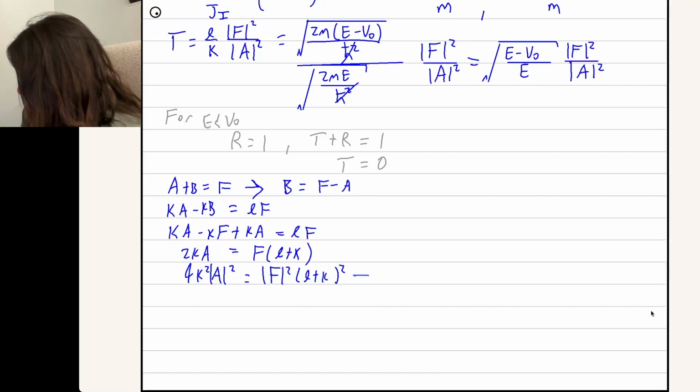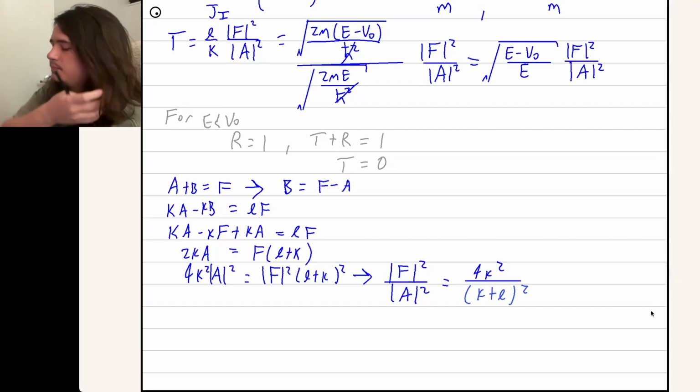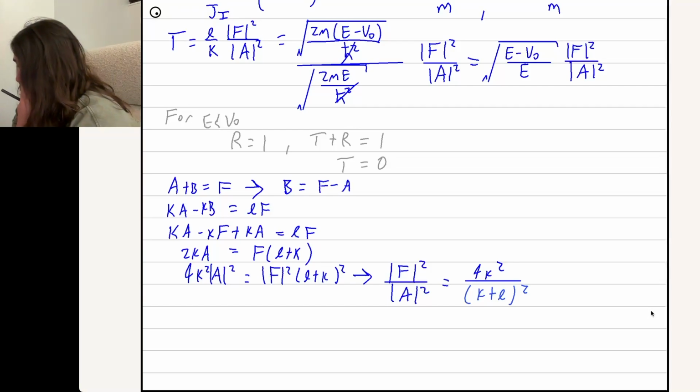So solving that for F squared over A squared, we have mod F squared over mod A squared equals 4K squared over K plus L squared. Okay, that's pretty epic.